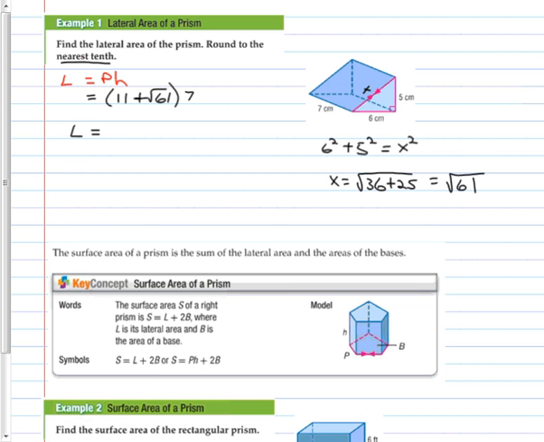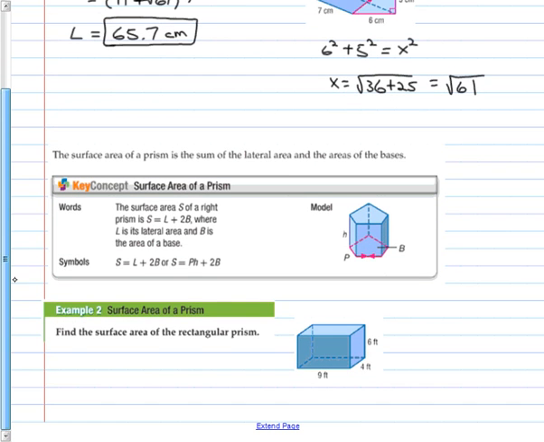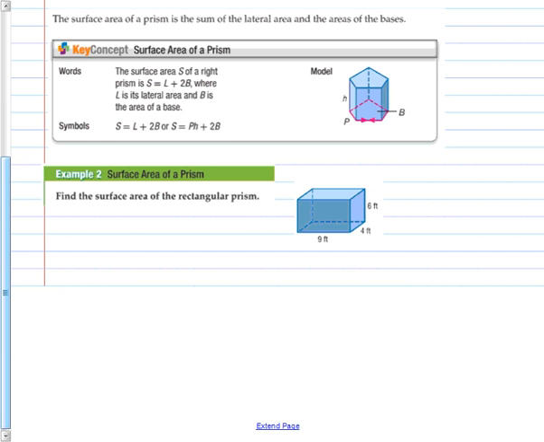Yes. 65.7 centimeters squared. As long as I know my formula and go find all the values that belong in my formula, I have my answer.